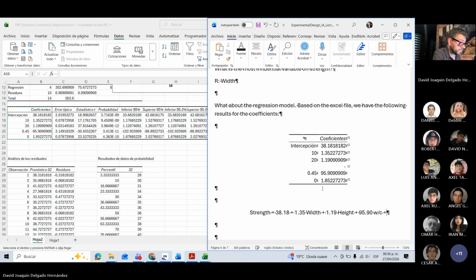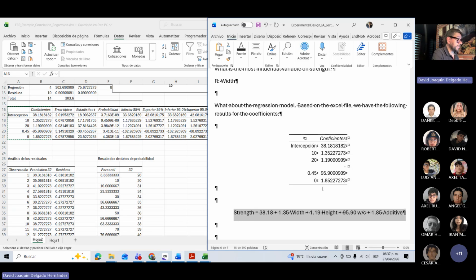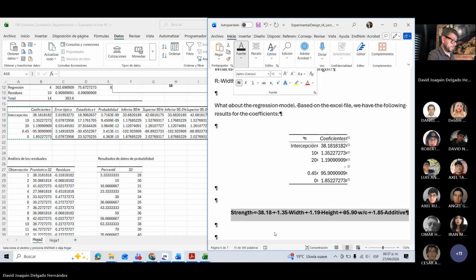Plus 1.85 the additive. Here is the formula. This is the formula, the regression model that we have calculated. Okay?